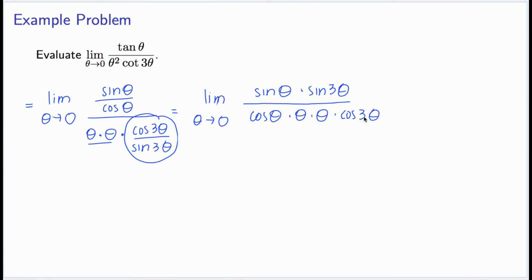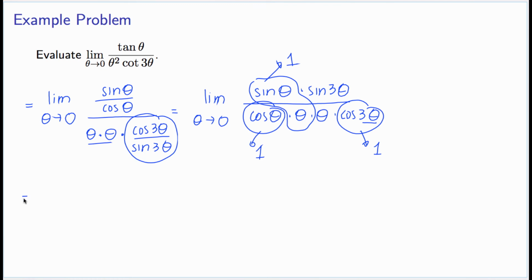So now let's see what we can figure out. First of all, my sine theta over theta, we know as theta goes to 0 that that's going to go to 1. Similarly, as theta goes to 0, cosine of 0, that term goes to 1. As theta goes to 0, 3 theta goes to 0, so again I get a cosine of 0, which goes to 1.